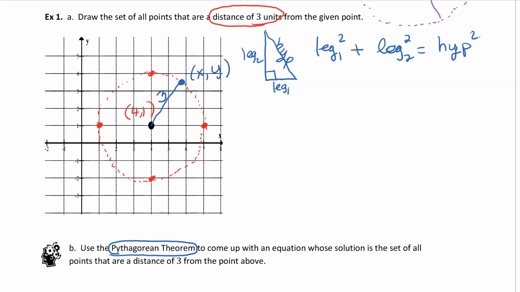Or you might have heard it as a squared plus b squared equals c squared. Okay. So do you see a right triangle within our picture here, where 3 is your hypotenuse?